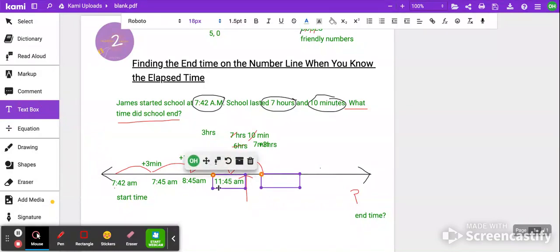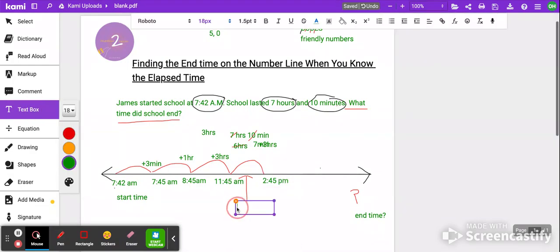If I'm at 11:45, again, I go up to 12, 1, and 2:45. But since I've crossed 12 o'clock, it becomes PM. And as a matter of fact, I'm going to put a little box down here and simply say, once we get to 12 o'clock, it becomes PM. Okay. Alrighty. Very good.